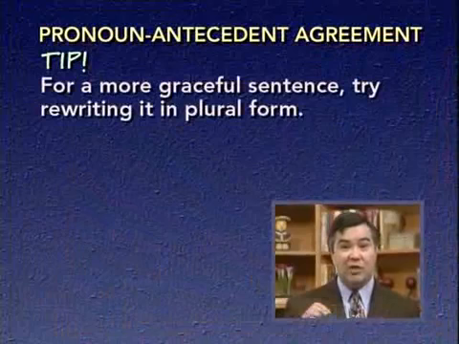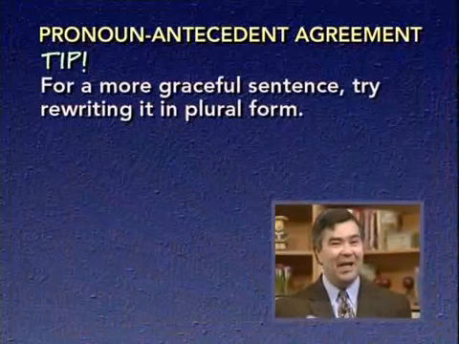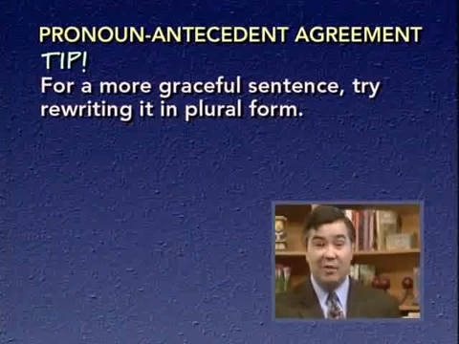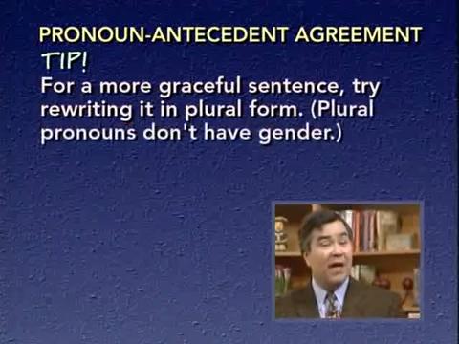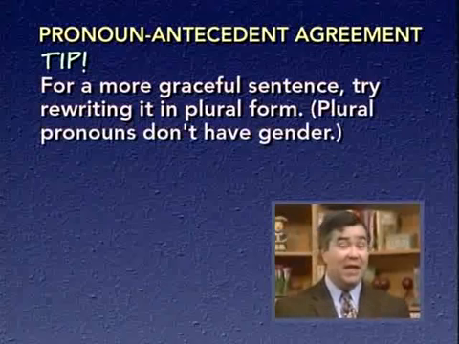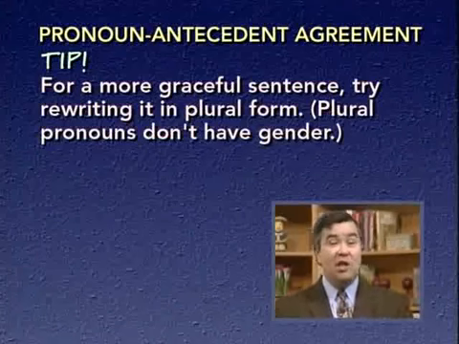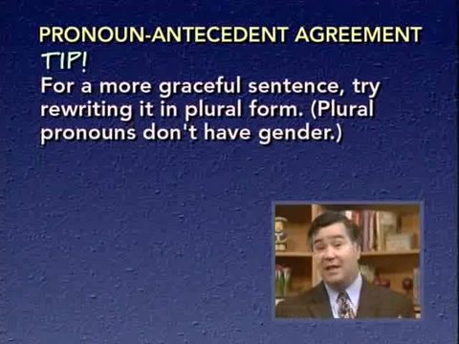For a more graceful sentence, try rewriting it in plural form. Here's the clever thing about the English language. As we've seen, in English, plural pronouns don't have gender. There's no masculine or feminine. You use they, them, and their, no matter whether you're dealing with male, female, or neuter antecedents.